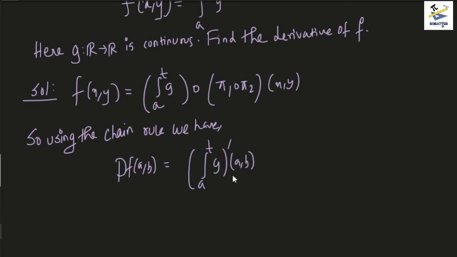Basically this is not quite it, because what you want to do is this: the derivative of pi 1 dot product pi 2 at the point (a, b) multiplied by the derivative of g at pi 1 dot product pi 2 at the point (a, b).